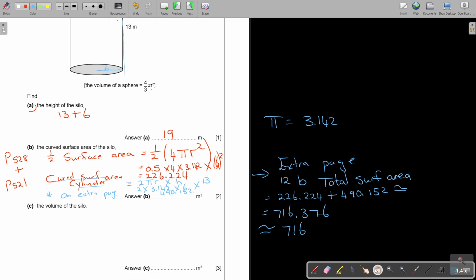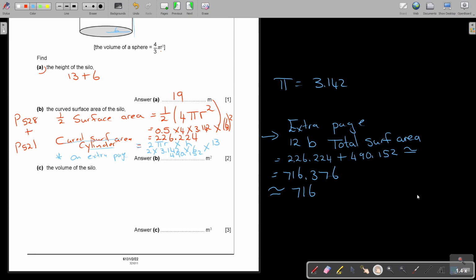And now they say the volume of the silo. So volume, now remember, it's the volume of the cylinder plus the volume of a half sphere. And as I said, they were nice, they gave you the formula, but that's not difficult to remember. Just remember it like this.